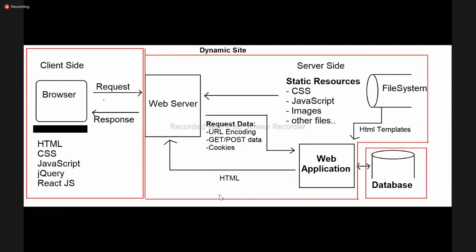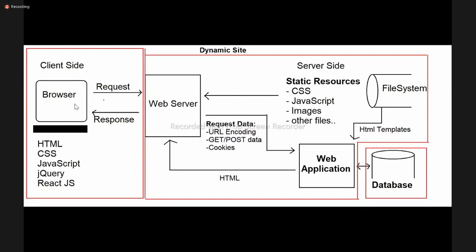We will handle this one, a dynamic site, right? That means we will manage the data in a database. We get a server-side web application. This server-side web application will communicate with the database. This server-side application also can have HTML templates, right? Serving those HTML templates. And this is requested by the web server.